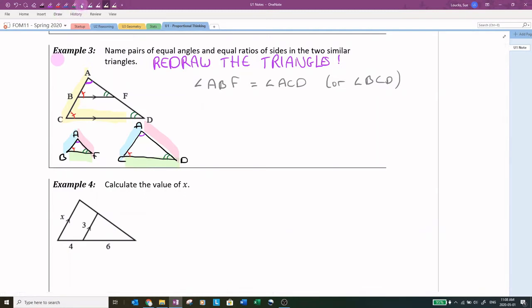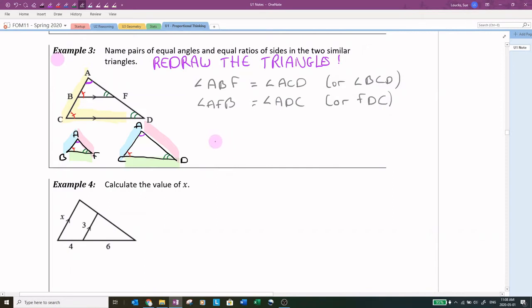Okay. And then same thing at the other angle, angle AFB equals angle ADC. Or we could call that one FDC. And our proportional sides.